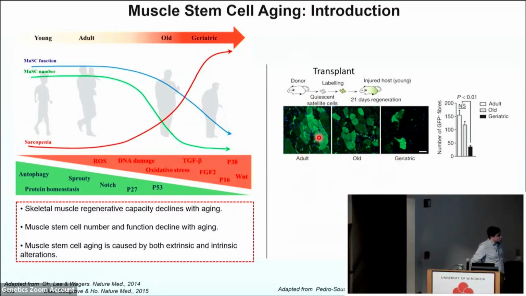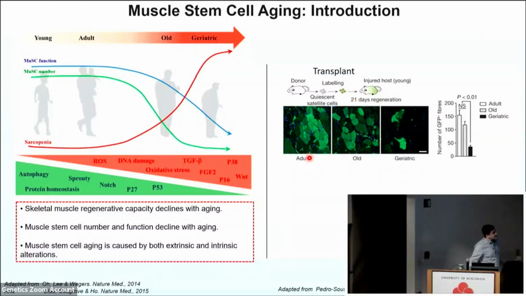They labeled those muscle stem cells and then transplanted them into a young injured host. The idea was to answer the question: if those cells are intrinsically bad, they won't function in a young environment, right? Because this mouse is young and healthy, it has a youthful environment that could alter the fate of those cells.